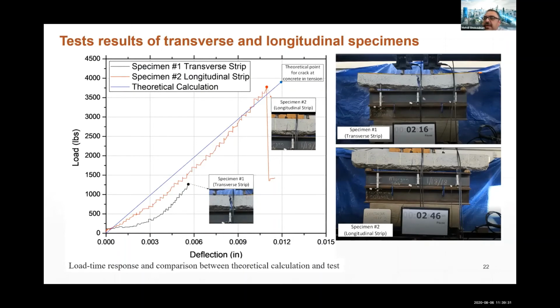So one of the reasons was a lack of enough reinforcement. Based on the observation, we found that the spacing between the reinforcement is not as indicated in the drawing, and that is the main reason for that.